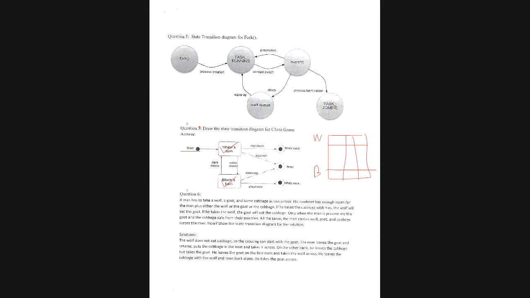So when it is white's turn, there is a possibility that when white wants to move, I think you are unable to see what is written properly. I will just write it down.